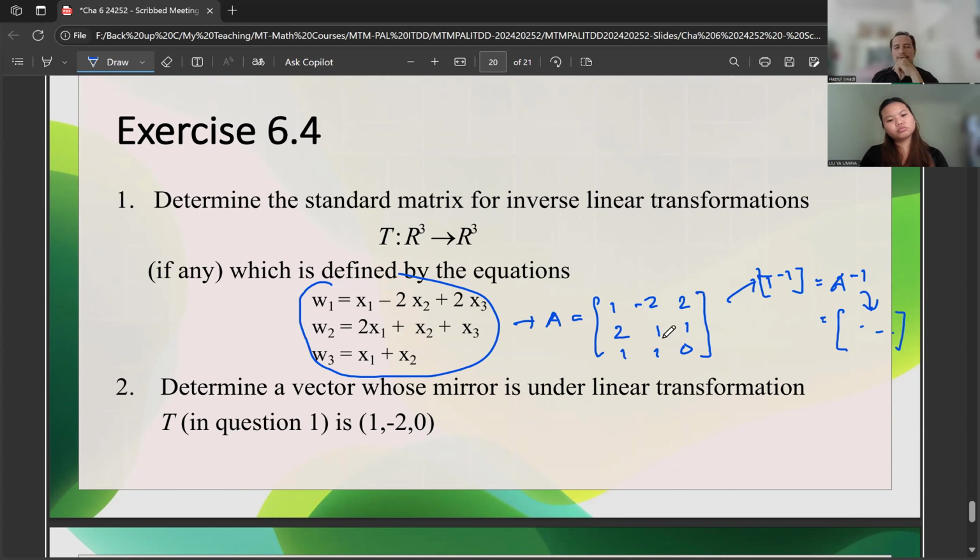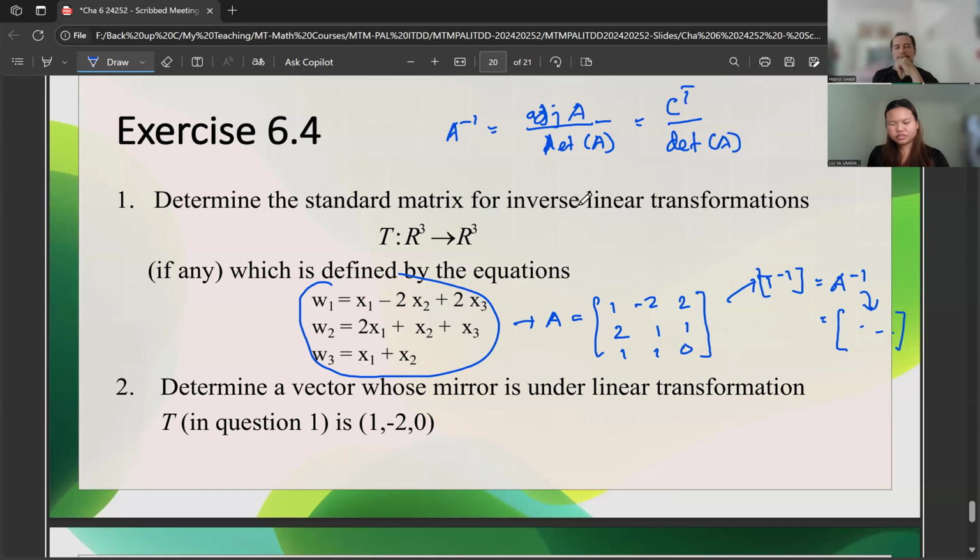And I hope you still understand how to get the inverse of a matrix. You can use minor and cofactor. So the inverse of A is adjoint A divided by determinant of A. What is adjoint? Adjoint is C transpose. What is C transpose?